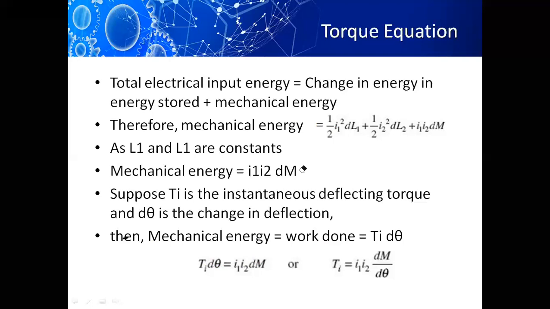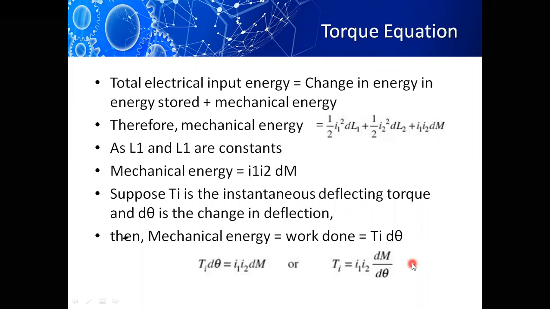Now suppose Ti is the instantaneous deflection torque and d theta is change in deflection. Then the mechanical energy is nothing but work done for movement of the coil, and it is Ti into d theta. So Ti into d theta is equal to our mechanical energy, which is the same as I1 I2 dM.